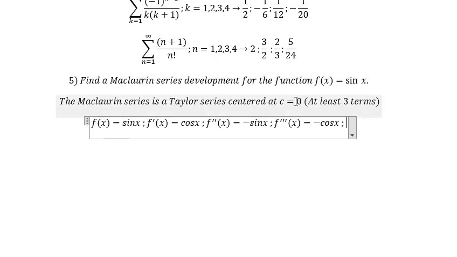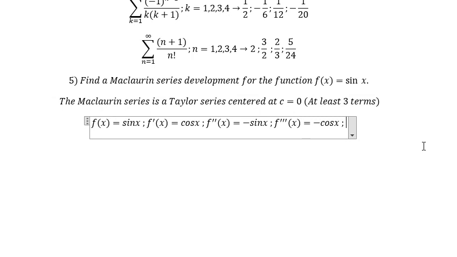We know that when we put c equals 0 in here, then we got about 0. So we need at least 3 terms. So we go to cosine x, because we put 0 in here, you got about 1. And that is the technique for finding the series for sin x when c equals 0.